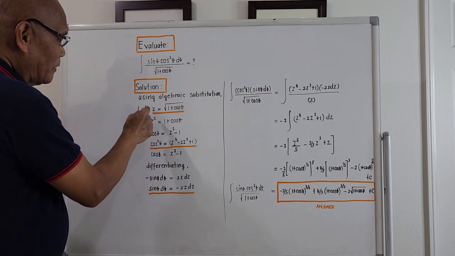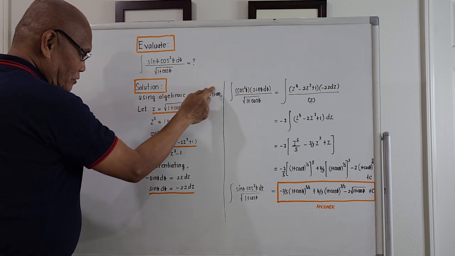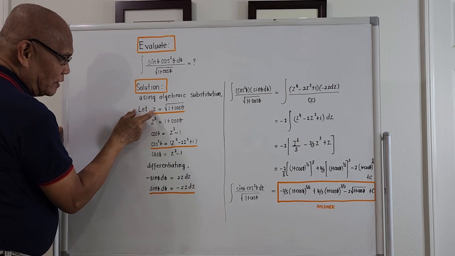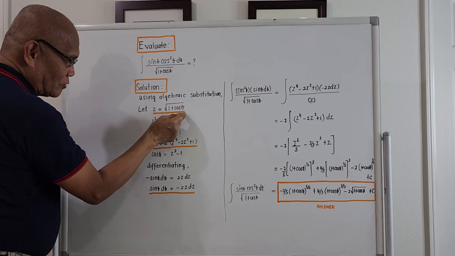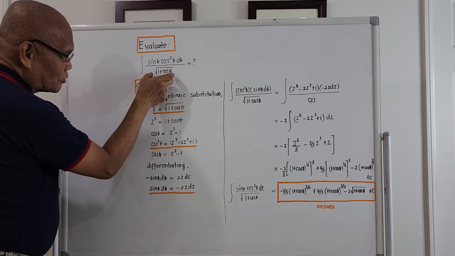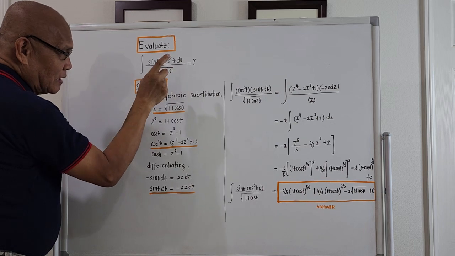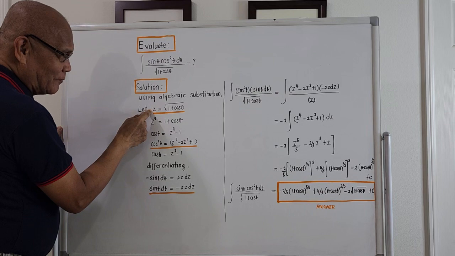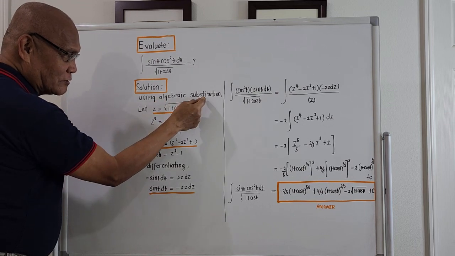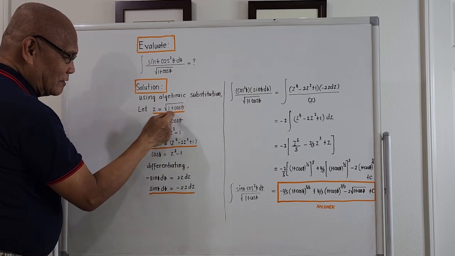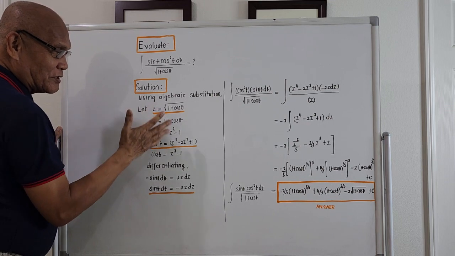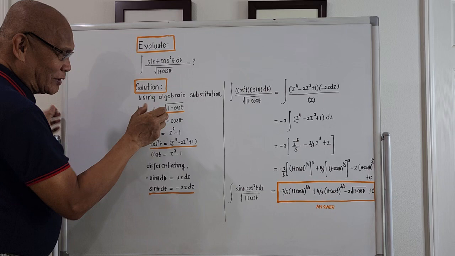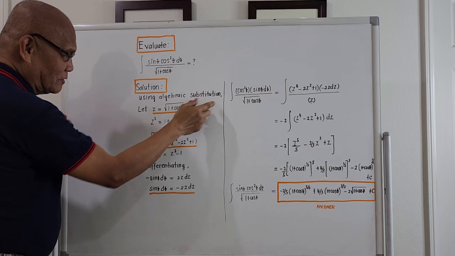So by using algebraic substitution, I will let z equal to the square root of 1 plus cosine of theta. Meaning this portion of the integral, I will represent that as z. That is our algebraic substitution. Z is a variable, it's not a trigo function, it is algebraic. That's why the solution is algebraic substitution.